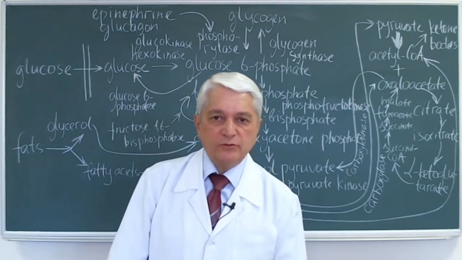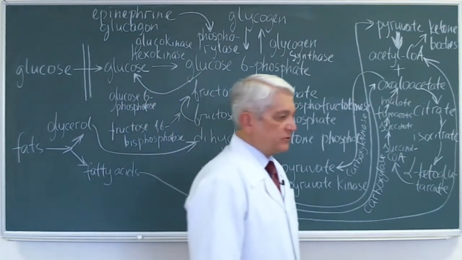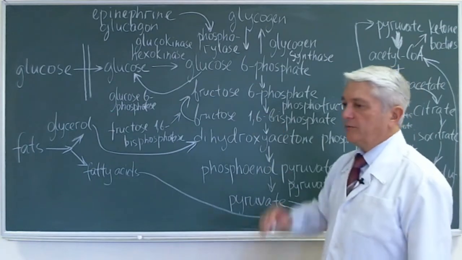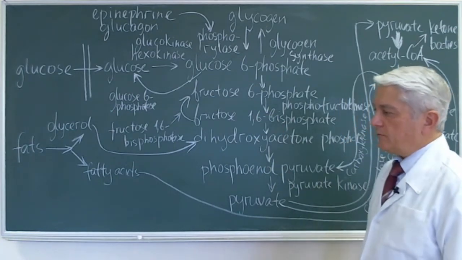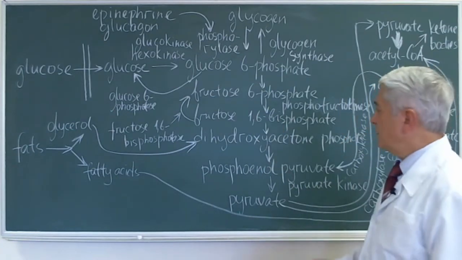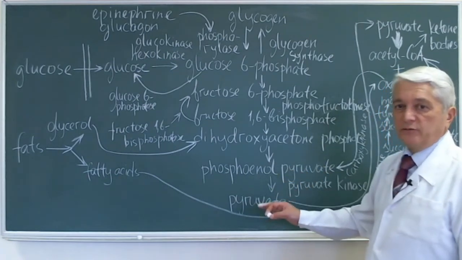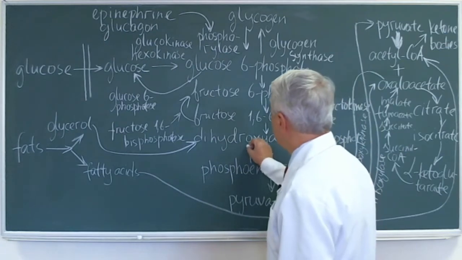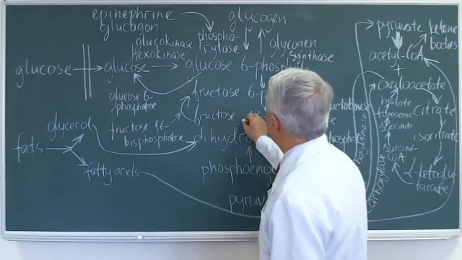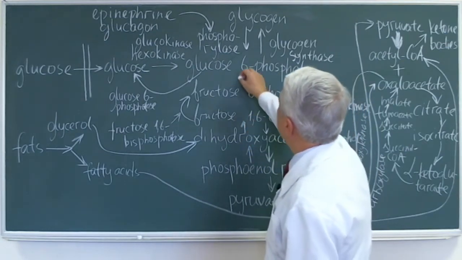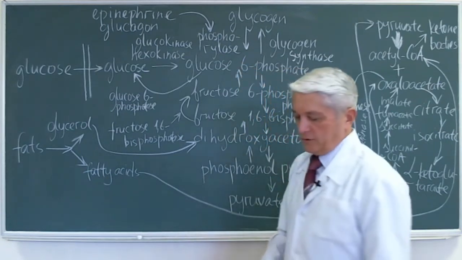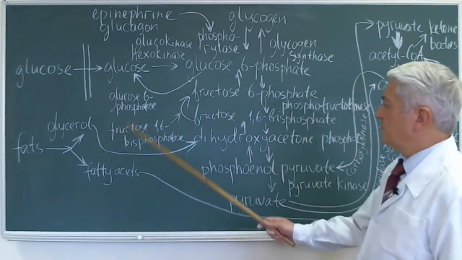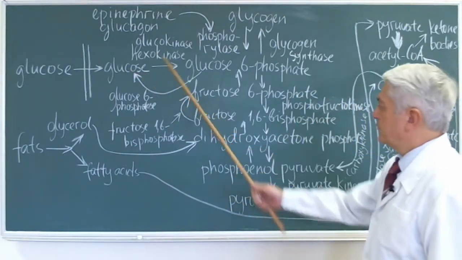As I told you, many reactions of glycolysis are reversible, except these three. So we can write back arrows in all reversible reactions. So this is irreversible, but this is reversible. Then this is reversible, this irreversible, and this is also reversible. So the way back, we shall decide to obtain glucose from pyruvate.